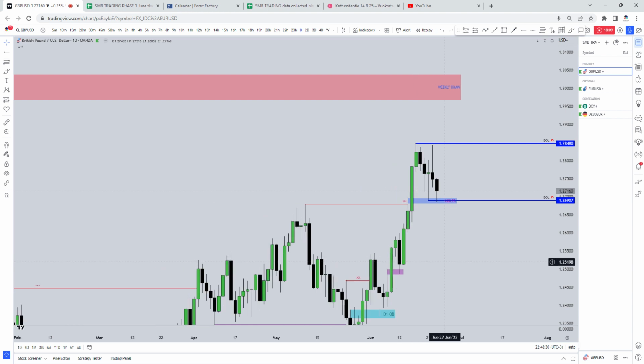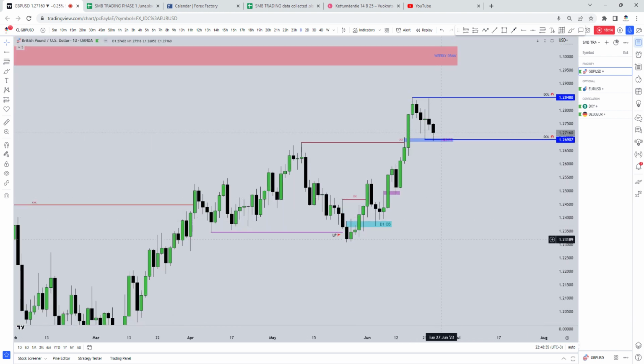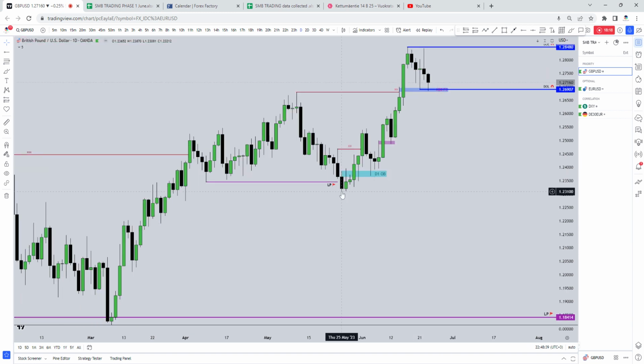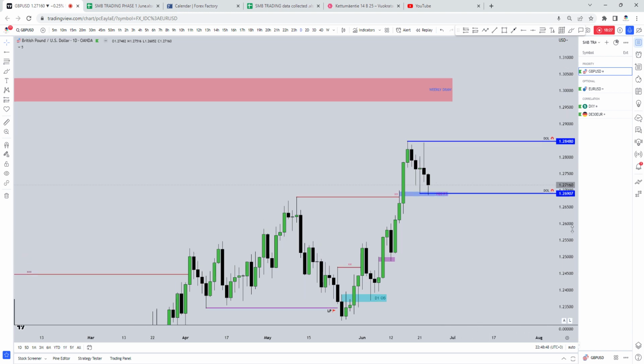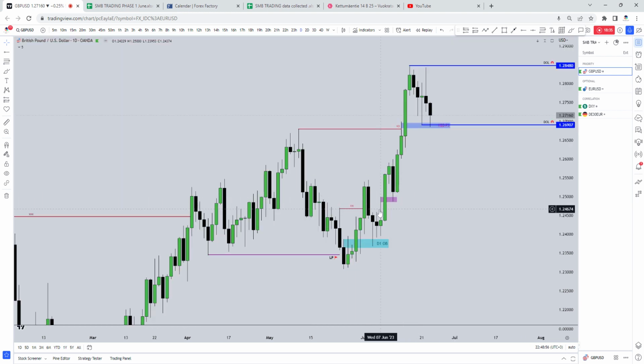The only time I'm going to confirm that this price has changed the state of delivery is if we take this low. As long as this low is still protected, we are still bullish with GBP USD. And I'm going to be focusing on looking for buys. And if price presents me some short-term sales, I'll also take them, because if you see, the high time frame market structure is bullish.